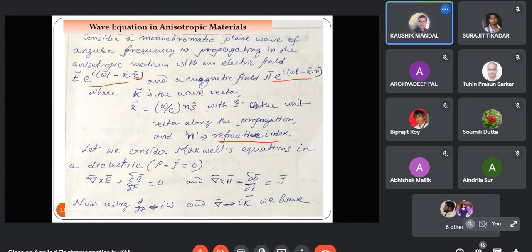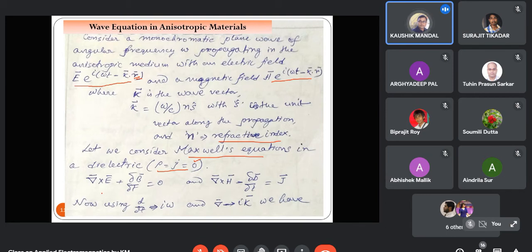So once again, to derive the wave equation, we have to start with Maxwell's equations, and as we are considering a dielectric, that means it is a lossless medium. So rho equal to 0. What will be J? J equal to sigma E, and actually sigma is 0, so J becomes 0. The first equation from Maxwell's, curl E equal to minus del B del t, we know.